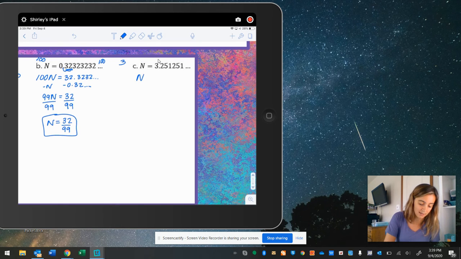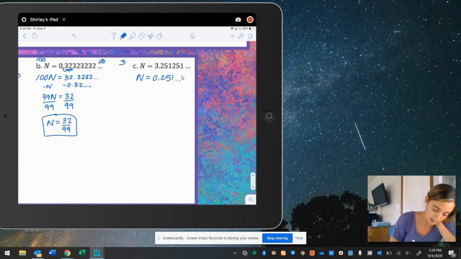And now I'm going to say n is equal to 0.251 repeating. Okay, so now I'm going to do the same work. I have 3 place values that are repeating, so that's to my 1,000th place. So now I'm going to go ahead and multiply both sides by 1,000. So I get 1,000n is equal to 3 place values that my decimal is moving, so 251, and then my repeating decimal.